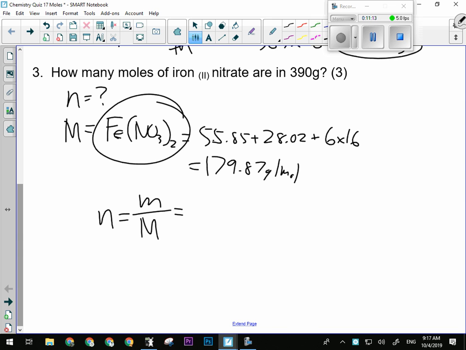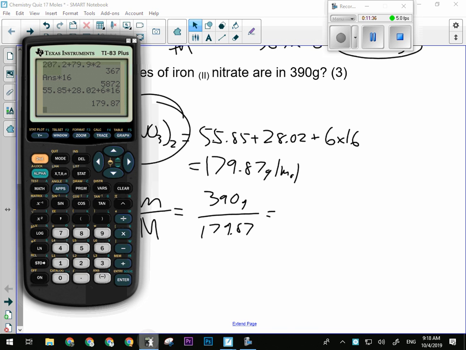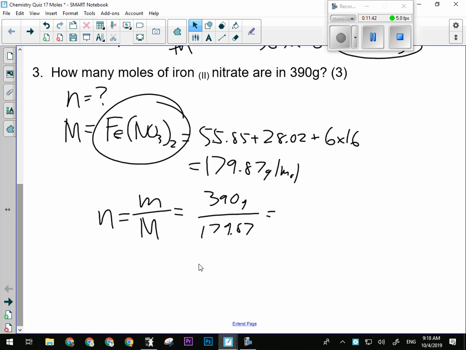If it was nitrate, they put in nitride, or they didn't swap and drop, or silly things like that. Or like what I did, I put a 3 in instead of a 2. Silly mistakes, but we have to watch for those things. So we have 390 grams divided by 179.87. We're looking at 2.17 moles.